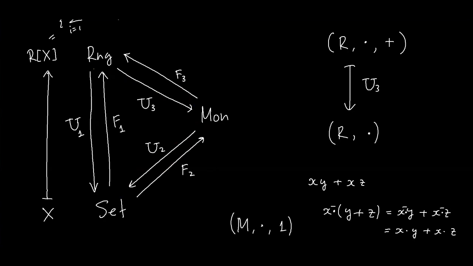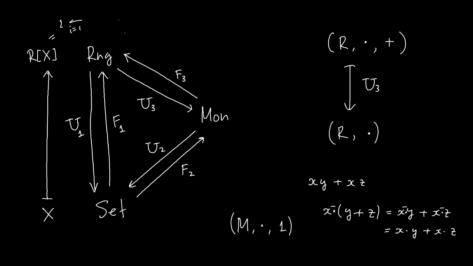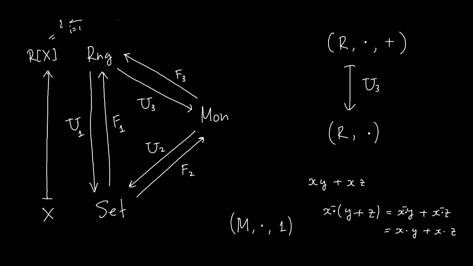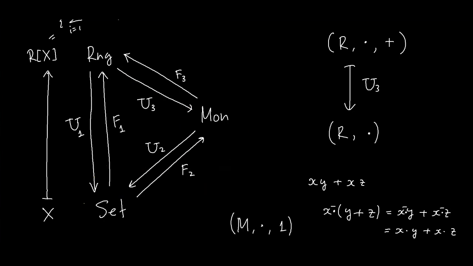It's one of the nice properties of adjunctions. So this is just an example of where we have this relative freeness, namely this specific one between rings and monoids, which is a useful stepping stone for building the polynomial ring, if we already have this construction for the monoid of words.